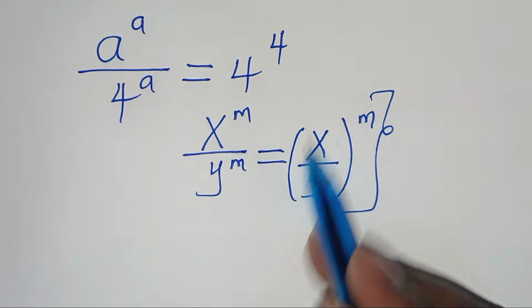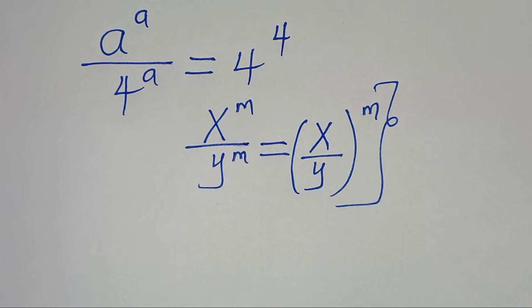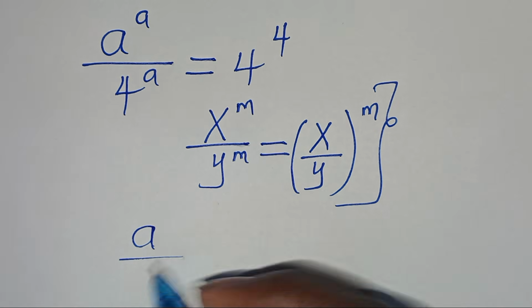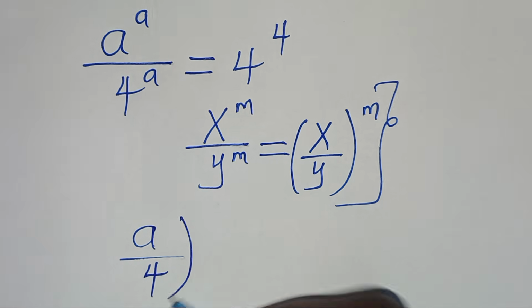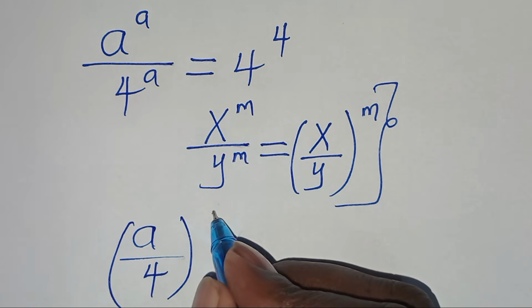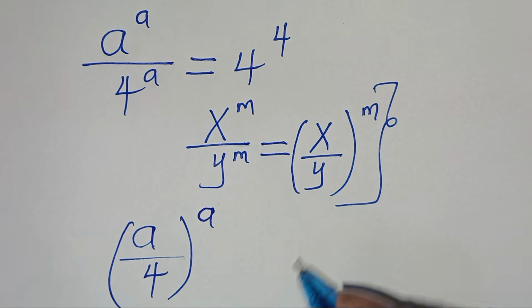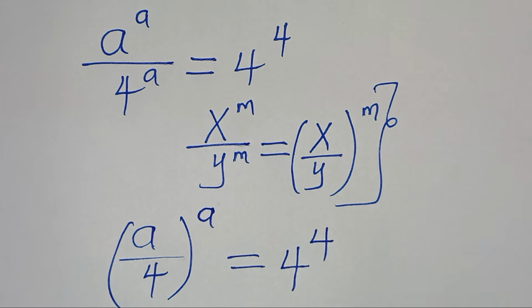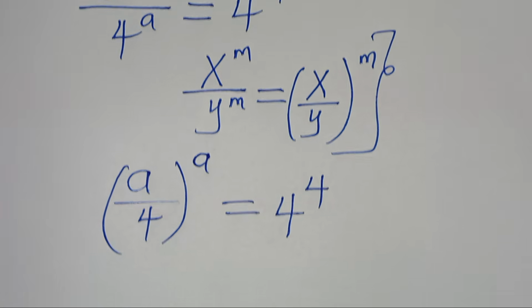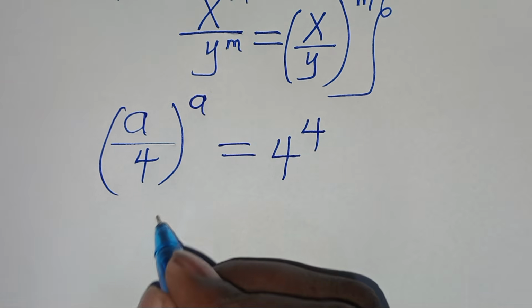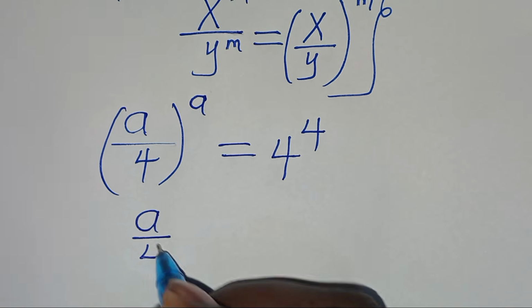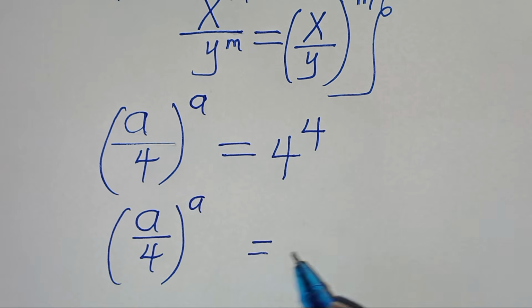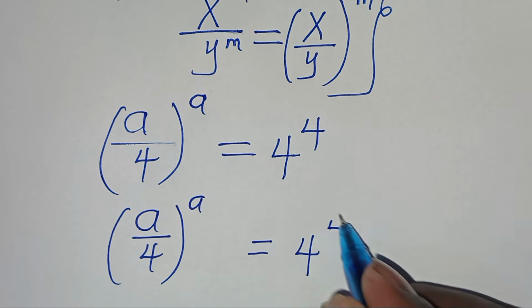Now we have a divided by 4 raised to the power of a equal to 4 raised to the power of 4.